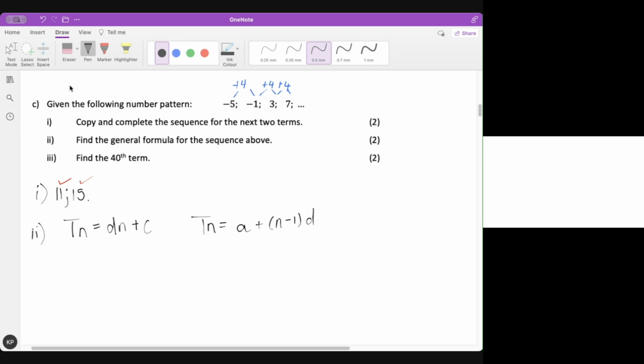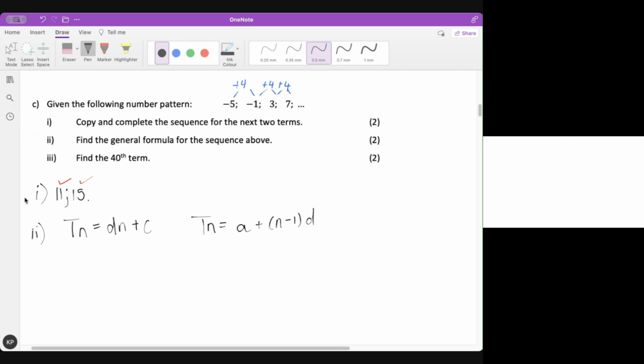I'll do both. Technically, in grade 9, you're supposed to do the one on the left. That's the senior phase formula. But because you guys are off to grade 10 next year, a lot of teachers like using the one on the right because that's the one you're going to have to adopt from grade 10 on. So it's fine. I'll do both of them.